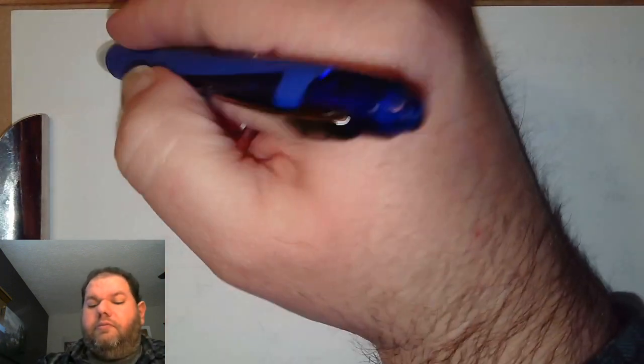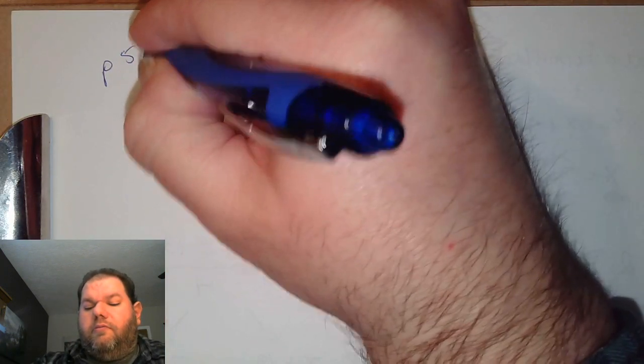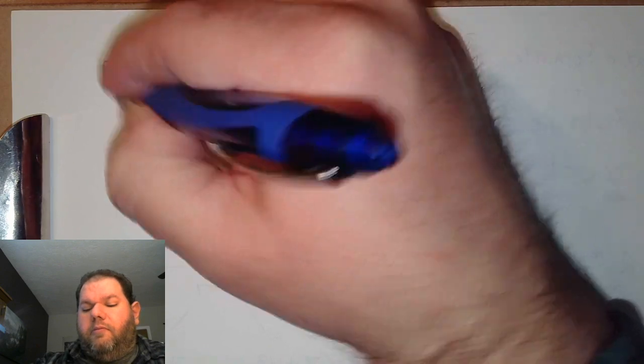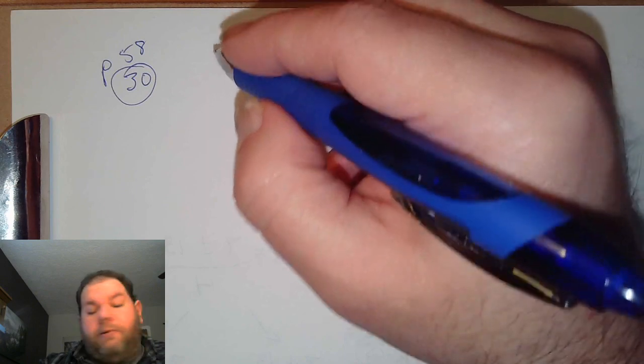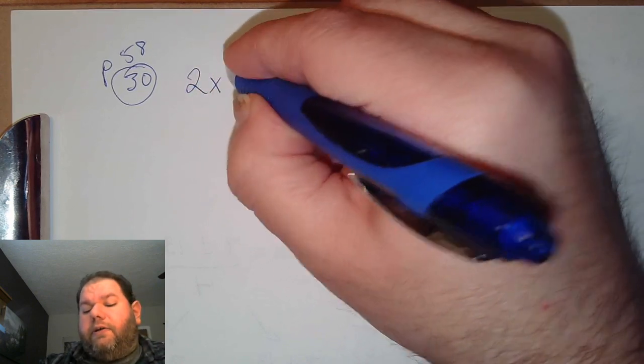We're still on page 58. We have 2x squared plus 3 equals 8x.